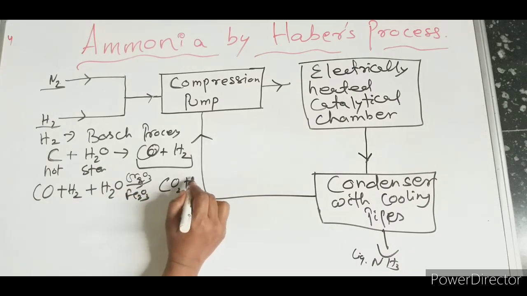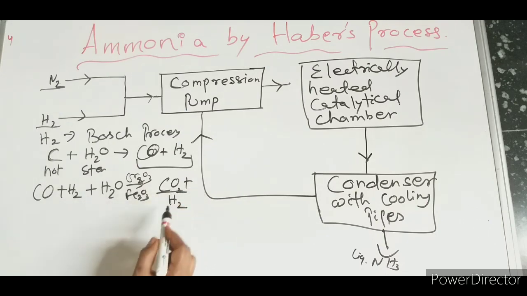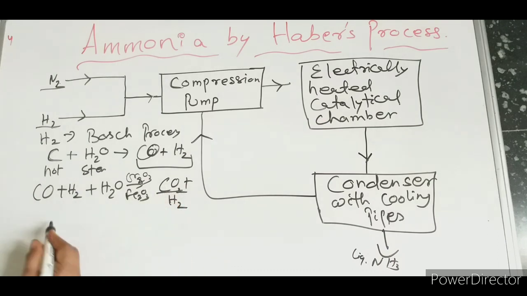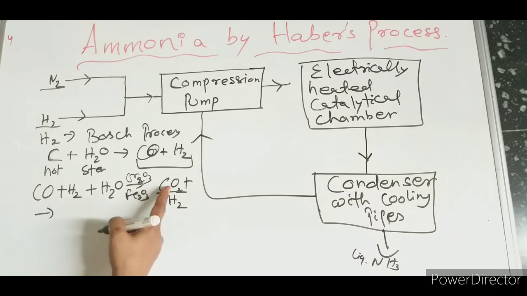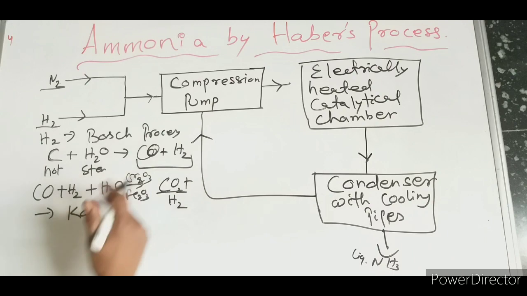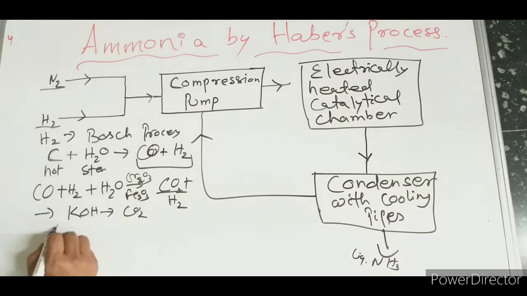Carbon dioxide along with hydrogen, and along with the carbon dioxide, some amount of carbon monoxide also comes out. So we have to dissolve this carbon dioxide in KOH solution, passing the entire mixture through it. The carbon dioxide will dissolve in it.